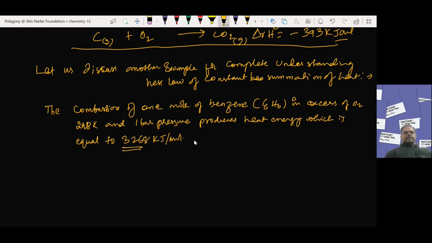So energy is given out during this combustion process, and the products like CO2 and water are released since it is a combustion process.